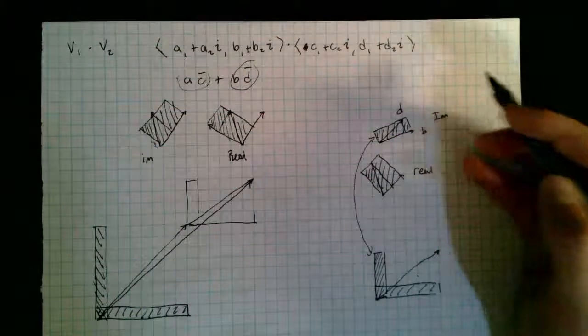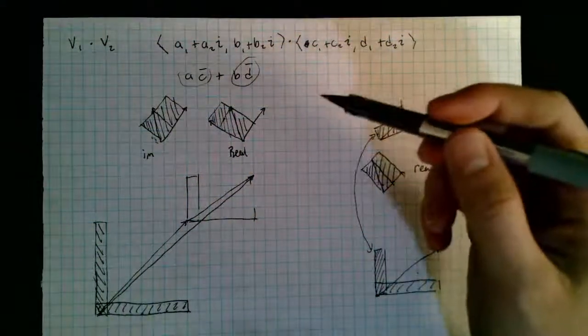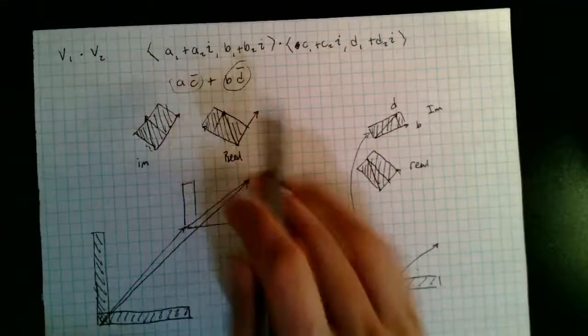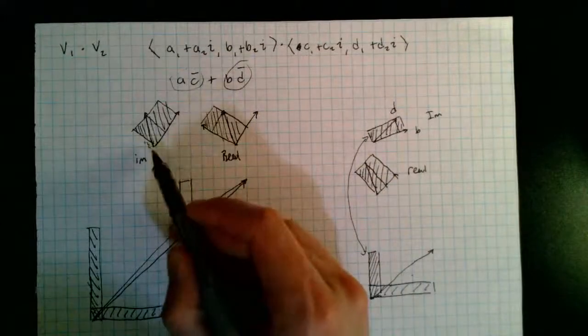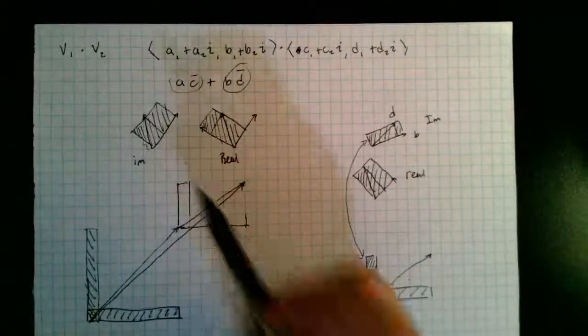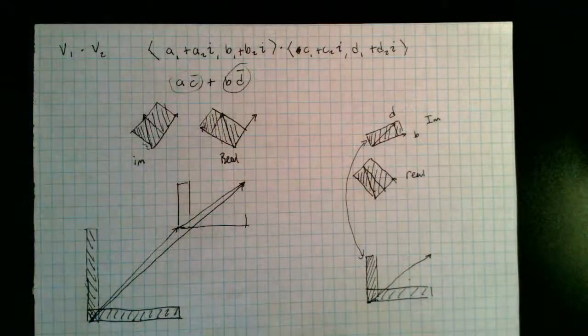So I said we would do it with just real vectors as well, right? So you can imagine if A and C were only real instead of imaginary, you would just have one here and then another one there, right? So let me grab another sheet.